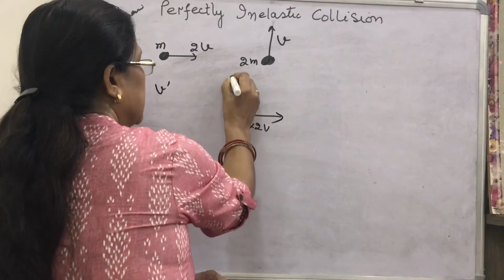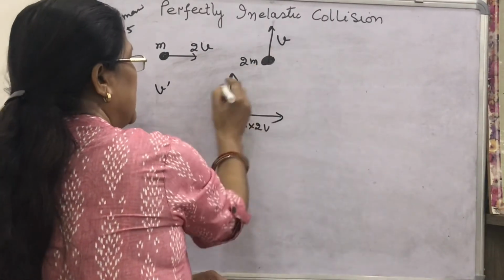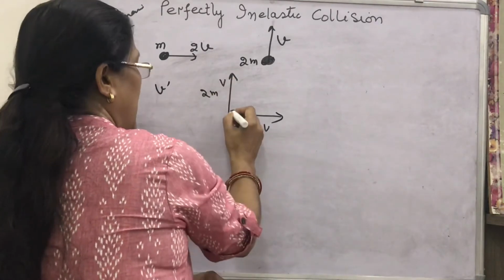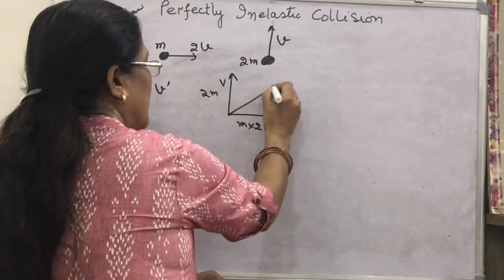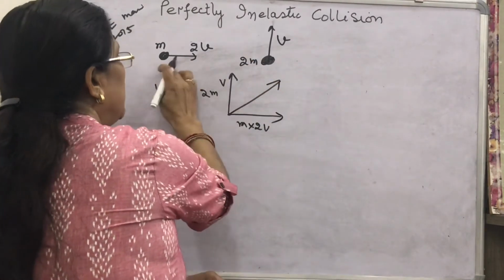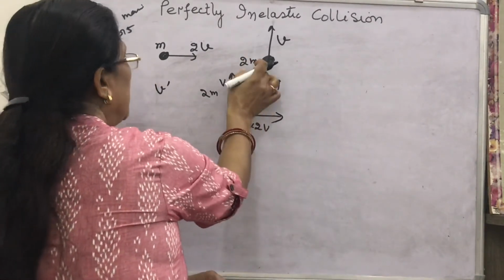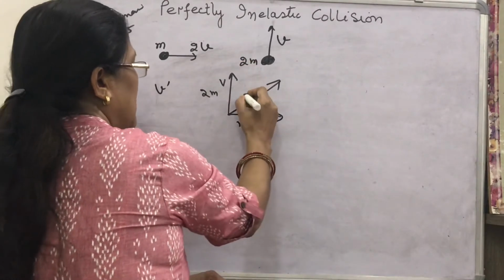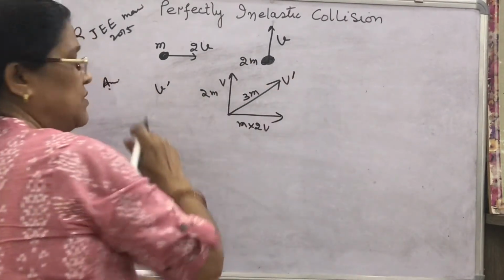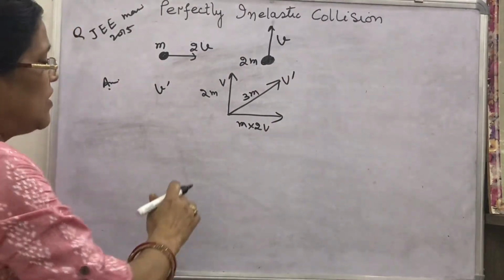Along y-axis, momentum is a vector quantity. What is the momentum? 2m into v. Both will stick, the mass will become 3m and the velocity is supposed v dash.